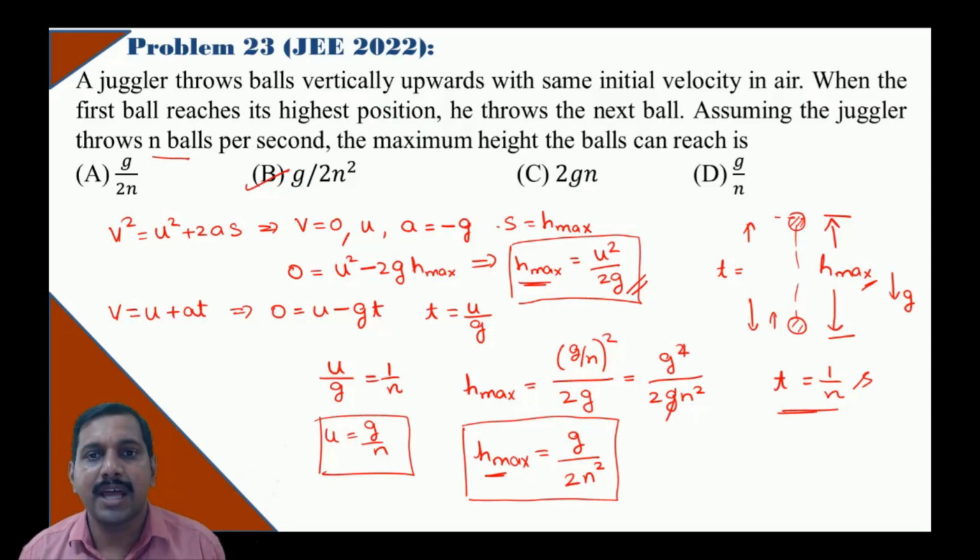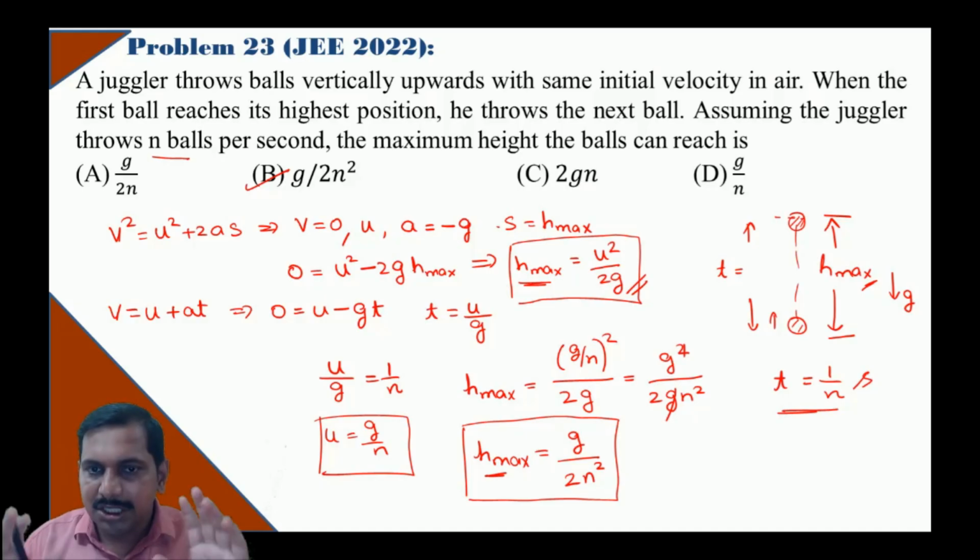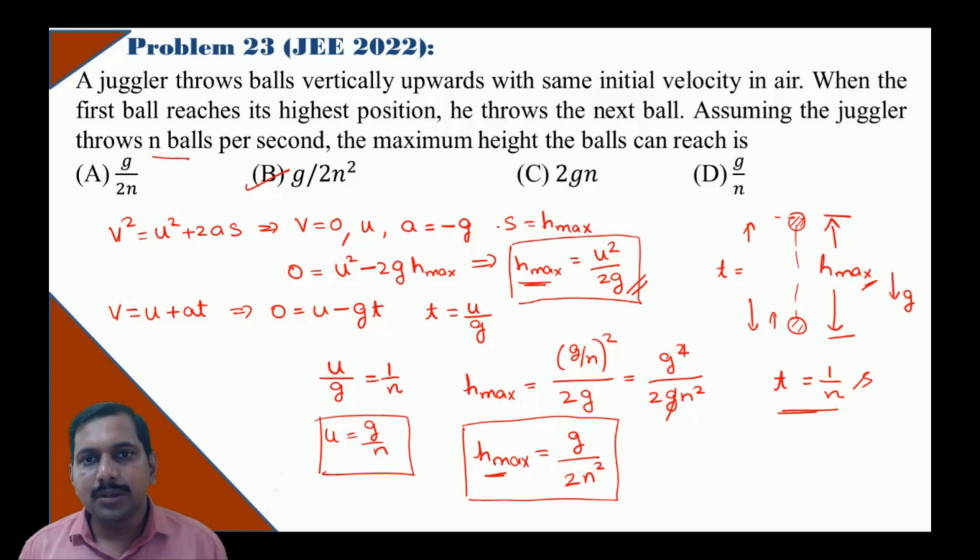They can also ask what is u, the maximum velocity, and how it can be changed so that the height changes. I am keeping it open. Just think about it, and maybe in the next videos I will give you more problems inspired from this problem.